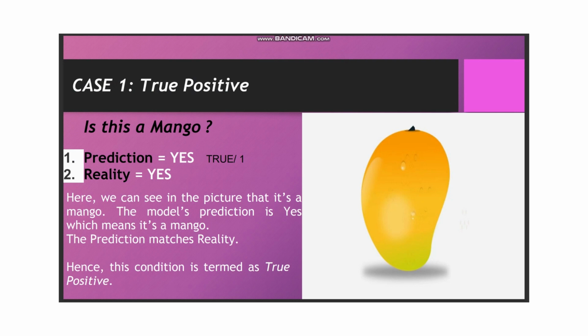There is a case when the AI machine says yes, it is a mango, and in reality also it is a mango. So you can see both cases are true. Both are yes. When prediction and reality match each other, that condition is known as TP, the true positive case. At the end, I will tell you one trick also to remember it.